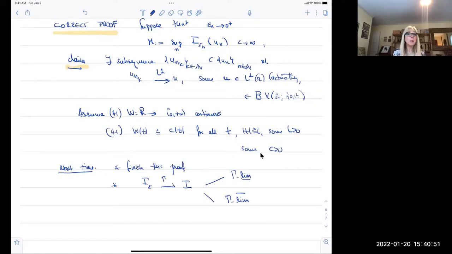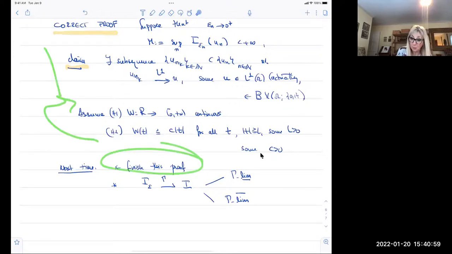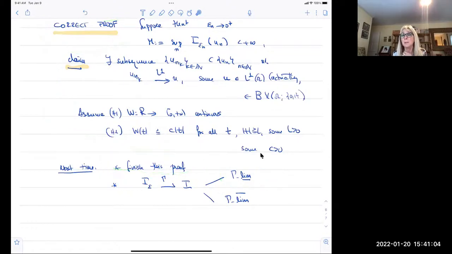So next time, I don't know if I have time to do the gamma limsup, but I'll definitely finish this proof here, the compactness with the correct proof. And I want to give you at least the gamma liminf for the gamma convergence. Time permitting, I'll give you the gamma limsup, but I don't know if I have time for that.